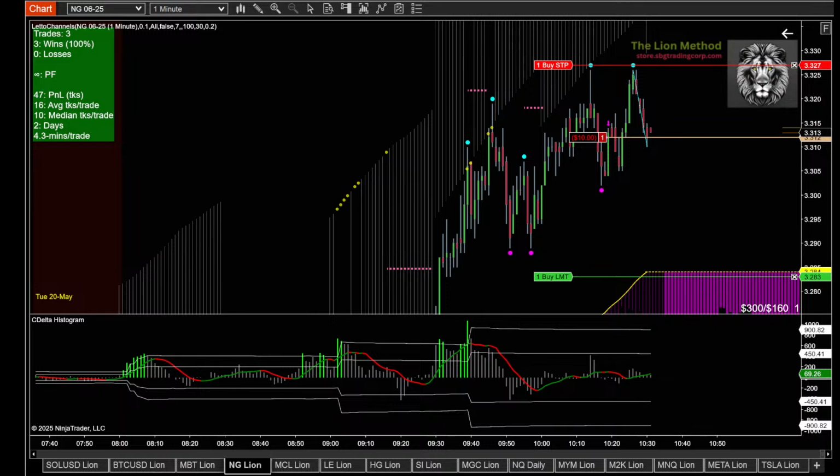Getting ready to jump out. We're at a support here. Natural gas has to prove itself to me. Target is moving up a little. We have a rising 100.